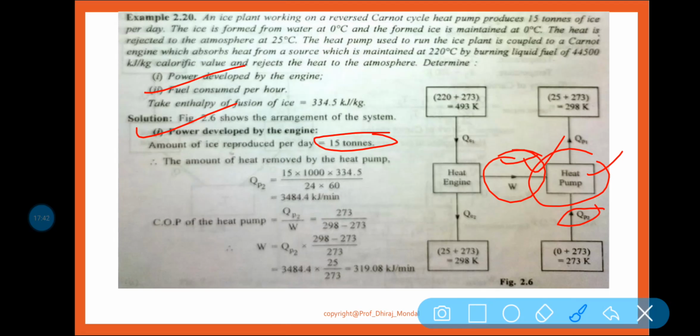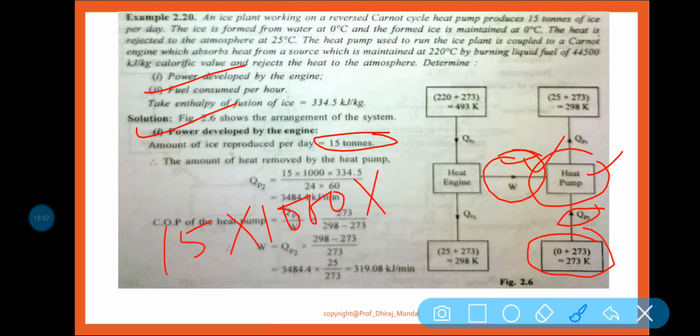Now you have to find out how much amount of heat is removed by the heat pump. So you know that if 15 ton of ice is produced, then how much amount of heat is removed? 15 ton into 1000, that means 15,000 kg, into what is the latent heat?